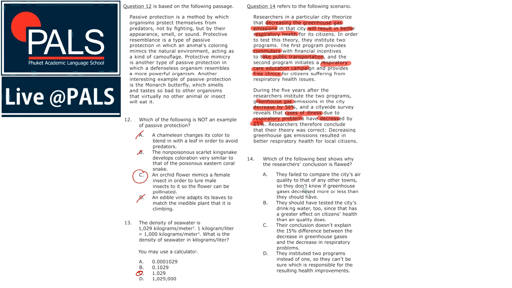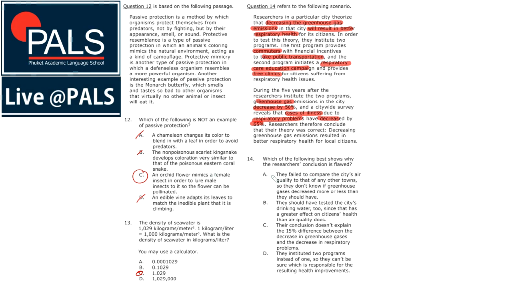That's the question basically. They failed to compare the city's air quality to that of any other towns. So they don't know if greenhouse gases decreased more or less than they should have. They should have tested the city's drinking water too, since that has greater effect on citizens' health than air quality does. So the first 2 are not the correct answers.